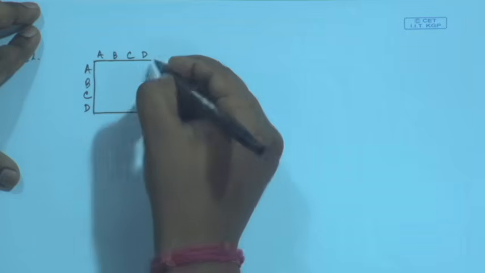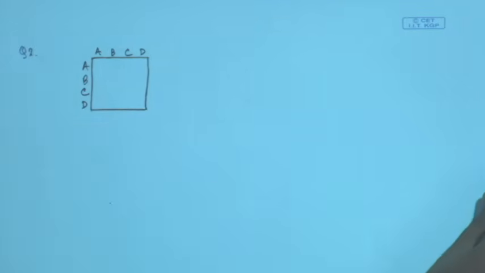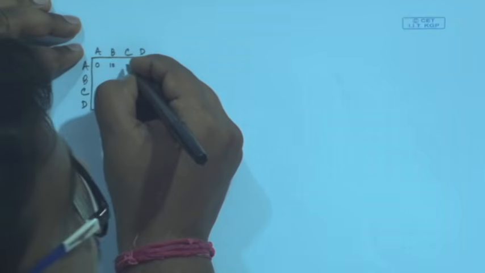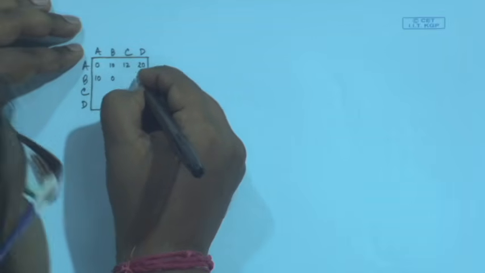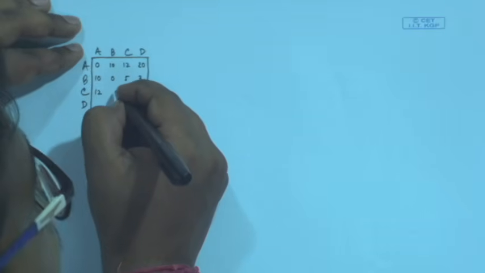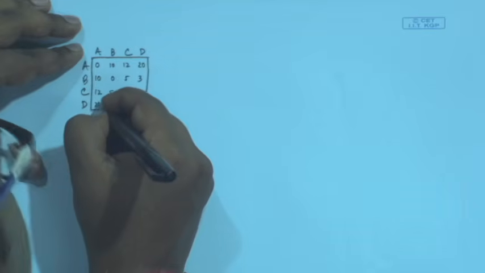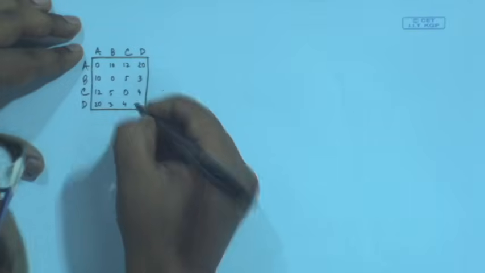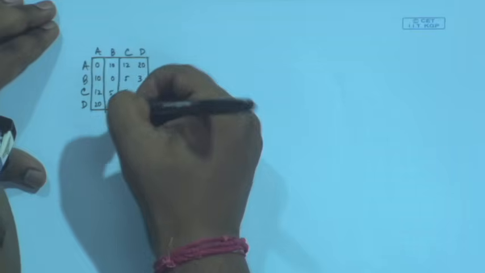Say these are 4 cities, and the distances between the cities will be written here. So 0, 10, 12, 20; 10, 0, 5, 3; 12, 5, 0, 4; 20, 3, 4, 0. Let me draw some lines to avoid confusion.